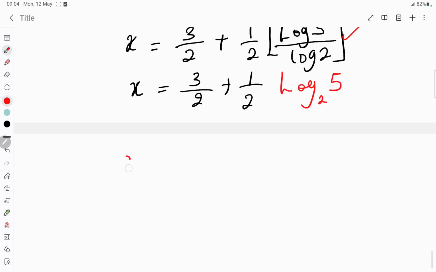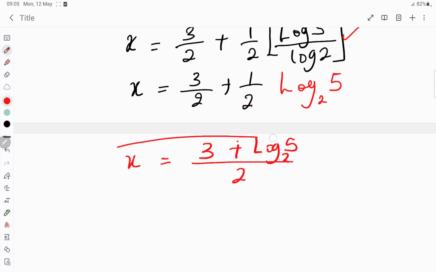And this will now give you that x is equal to, since they have a denominator of 2, 2 divided by 2 is 1, 1 times 3 is 3, 3 plus 2 divided by 2 is 1, 1 times log 5 base 2, it becomes log 5 base 2. And this is the value for x.